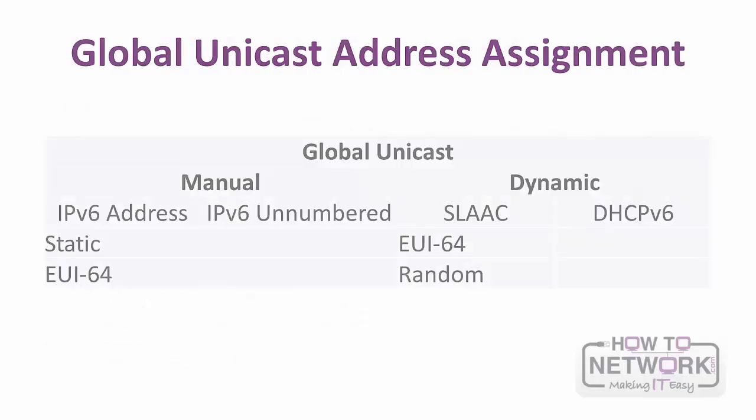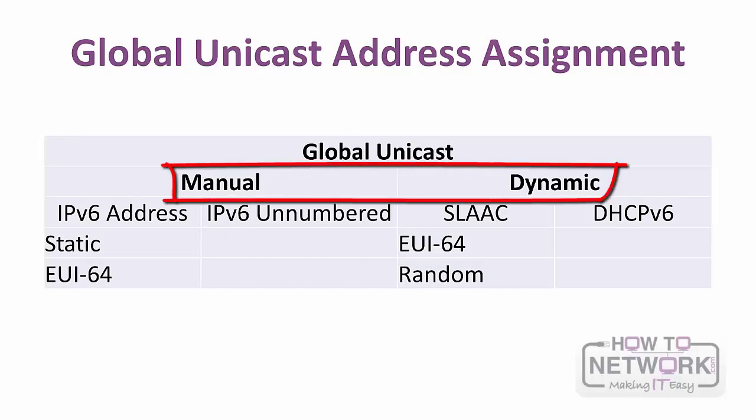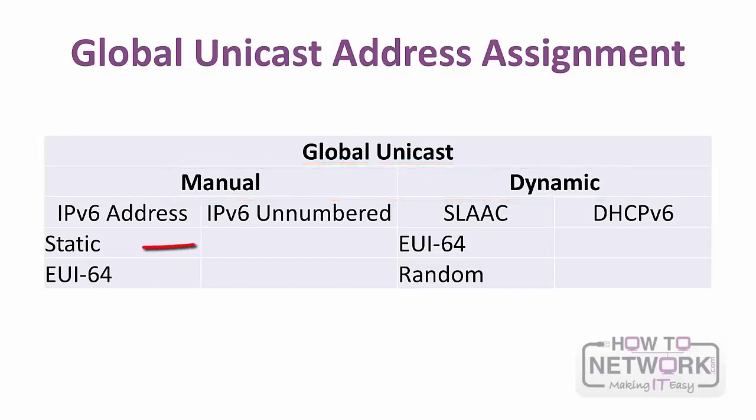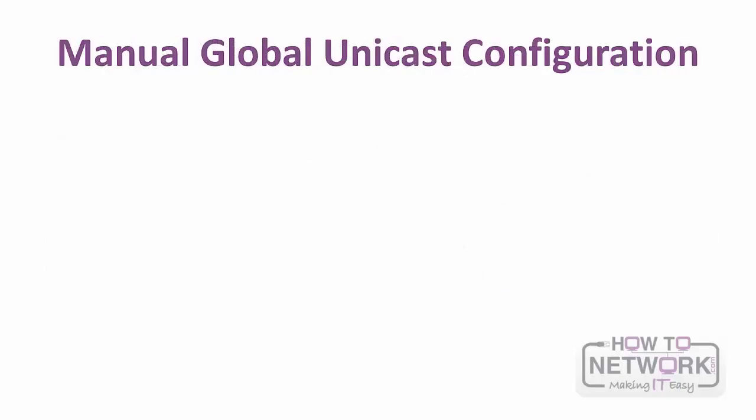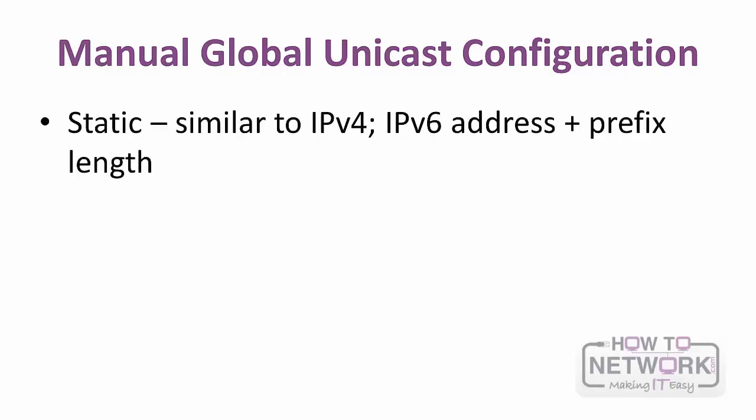A device, or more accurately an interface, can be assigned a global unicast address manually or dynamically. The following figure shows the various configuration options. Manually configuring a global unicast address has several options. These are the ways to manually configure a global unicast address. Static. Static configuration is similar to configuring a static IPv4 address.